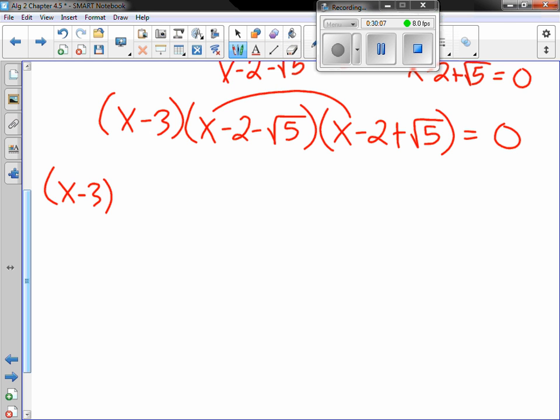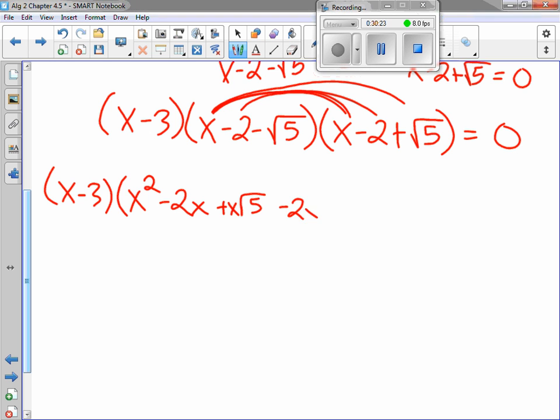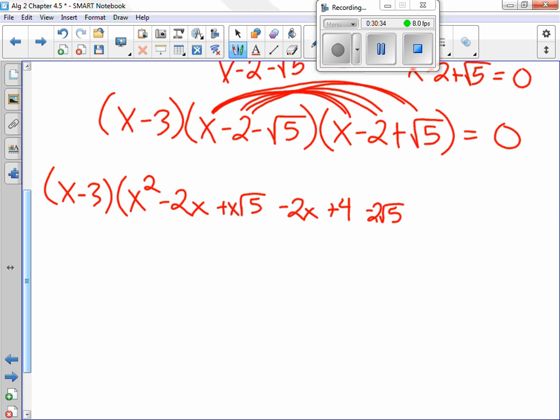Now over here, x times x would be x squared. x times negative 2 would be negative 2x. x times square root of 5 is going to be plus x square root 5. Negative 2 times x will be negative 2x. Negative 2 times negative 2 would be plus 4. And negative 2 times square root of 5 will be negative 2 square root of 5. Square root of 5 times x is negative x square root 5.